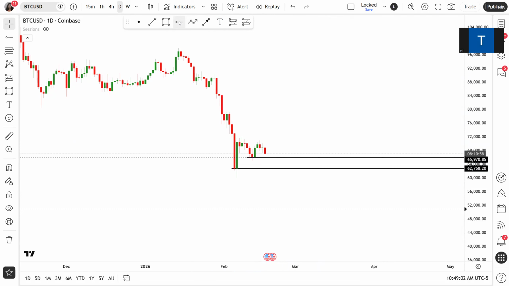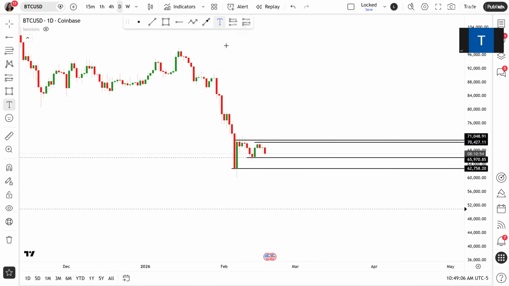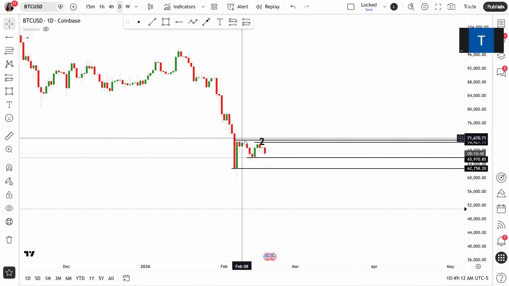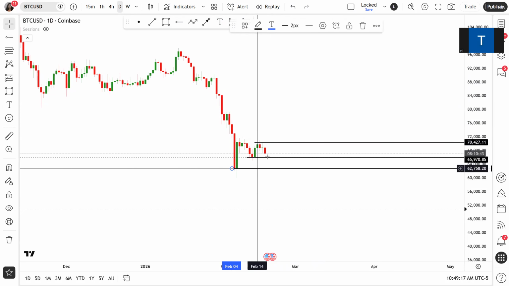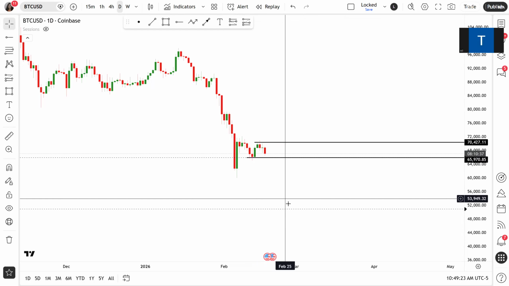Right here, we have a lower high, and then we have a lower high again. So we have number one, and then we have number two. Anything above number two would be considered bullish, right? So all you need is these two levels. Whichever way price is breaking out, whichever way price is going to go, it's going to be in that trend.